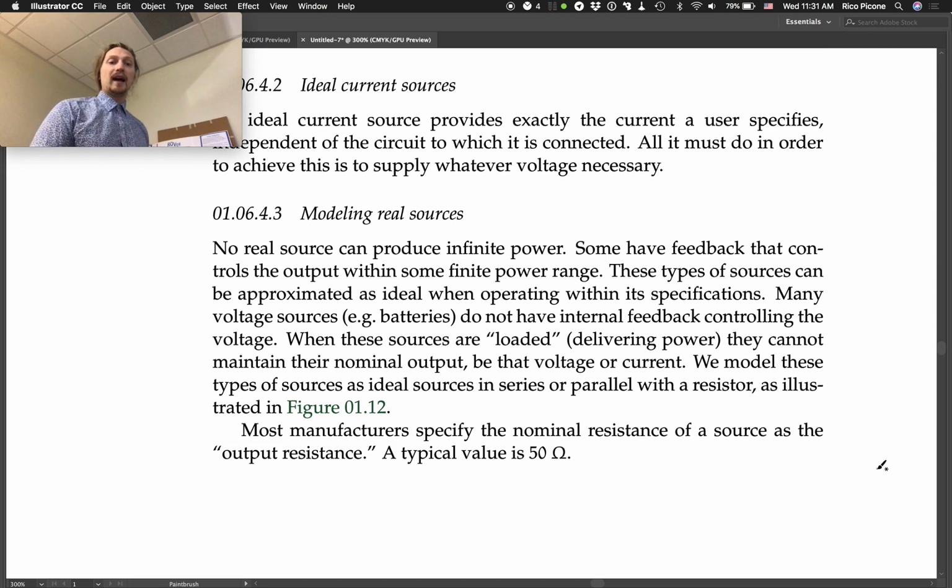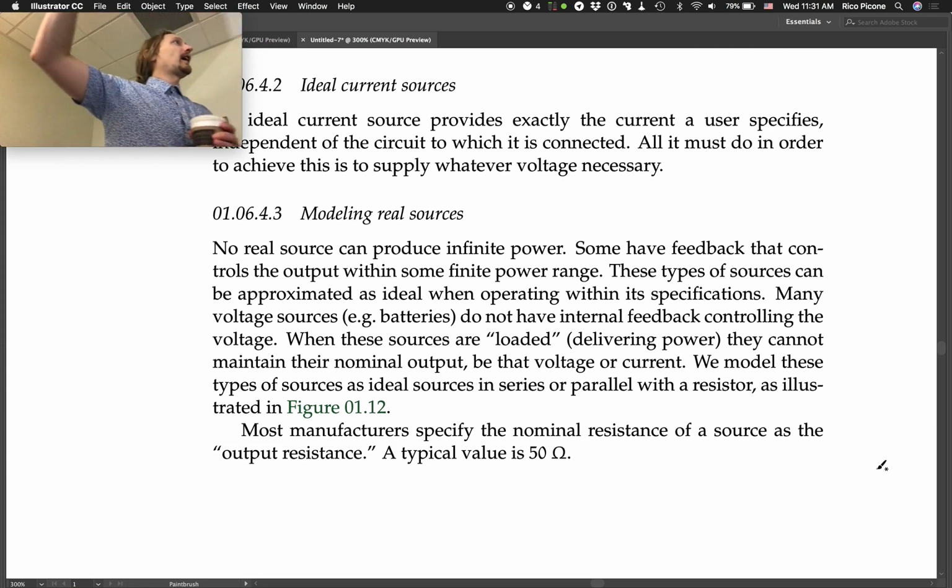Some have feedback that controls the output within some finite power range. So these would be what we've been calling regulated supplies, right? Our myRIOs, the analog outputs, have regulated supplies within a certain power range. Like it can't provide very much power at all.